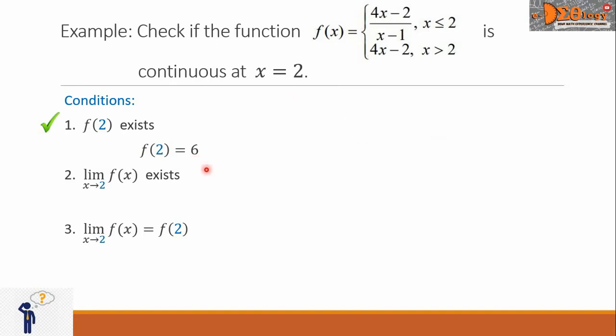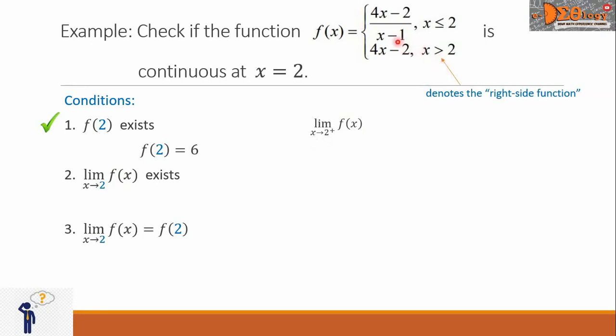Let us check condition 2. The limit of f of x as x approaches 2 must exist. In here, since we have a piecewise function, let us check first for the right-hand limit. The limit of f of x as x approaches 2 from the right. In this case, this greater than symbol denotes the right side function.